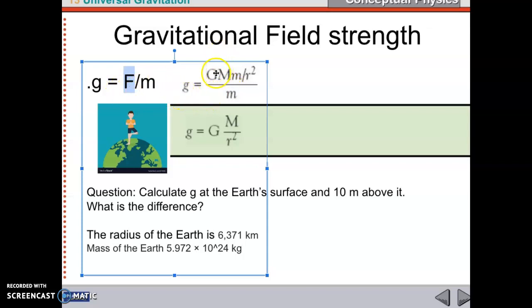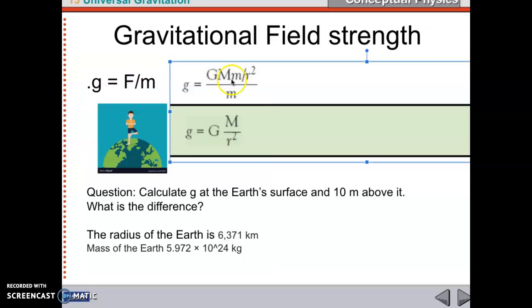If F is equal to GMm over r squared, and we divide that by the mass in the field, then we're left with a relationship for g, which is equal to G, the gravitational constant, times the mass of the planet, or the mass of the object that is generating the field, over r squared.